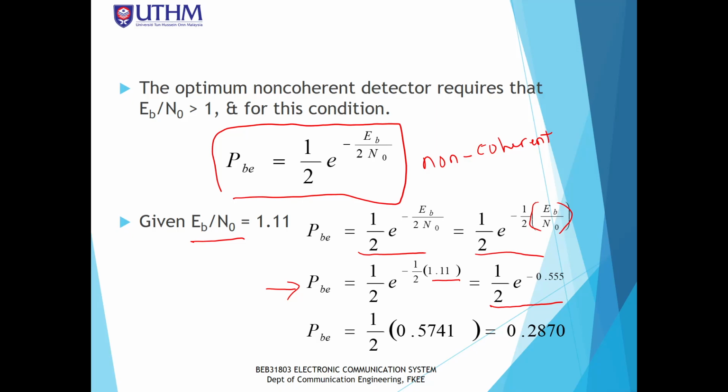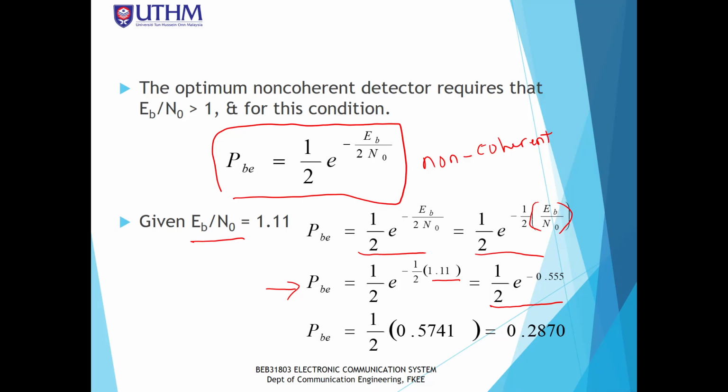From here, you can use your calculator. Please open your calculator. For exponent using my Casio FX-570MS, it is shift ln. You press shift ln and then put inside minus 0.555 and you will get 0.5741.